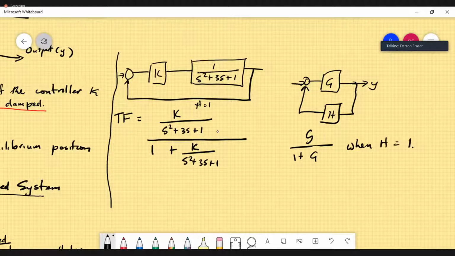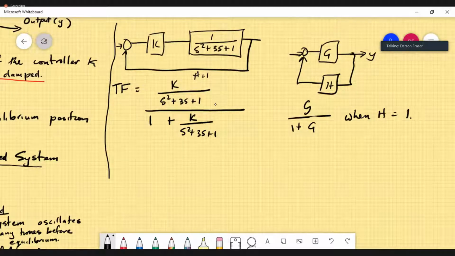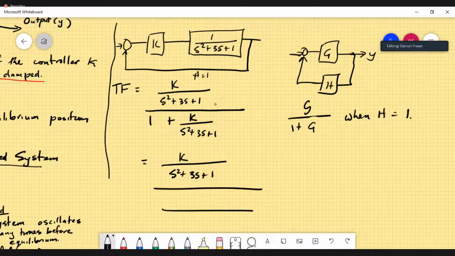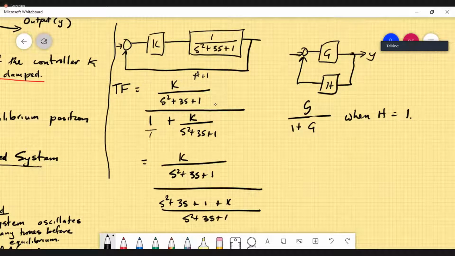All right, so if we simplify this, it's K over S squared plus 3S plus 1, all over, we put this over 1, so that's S squared plus 3S plus 1 plus K over S squared plus 3S plus 1. These cancel.